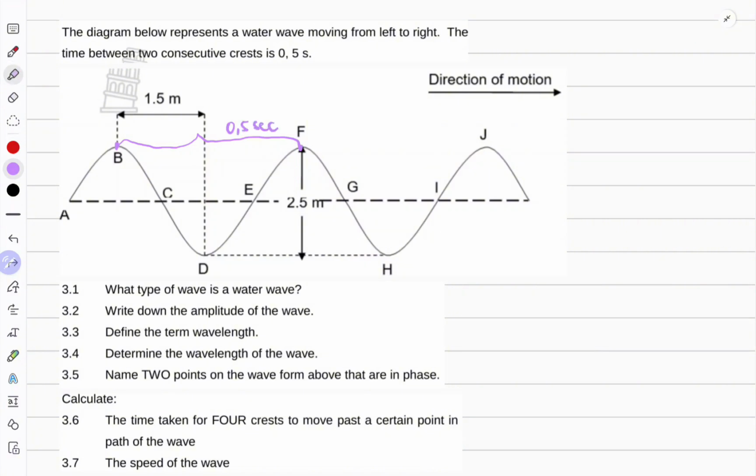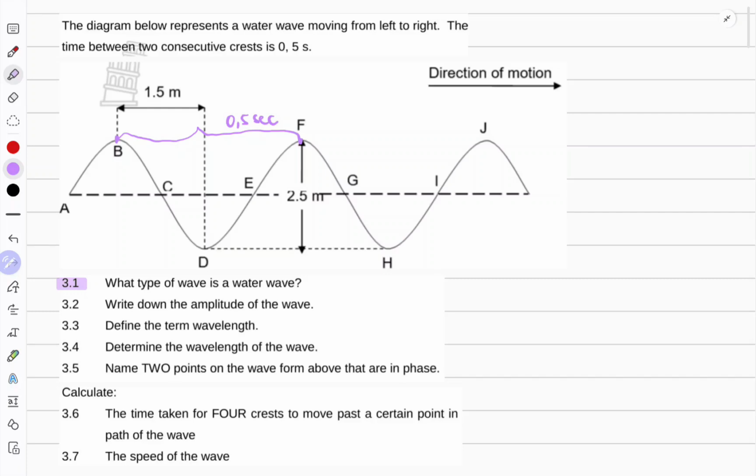So the first question says, what type of wave is a water wave? When analyzing the sketch, you can see the direction of the particles. The H2O particles move in an upward, downward movement, and the wave itself moves in a direction from left to right.